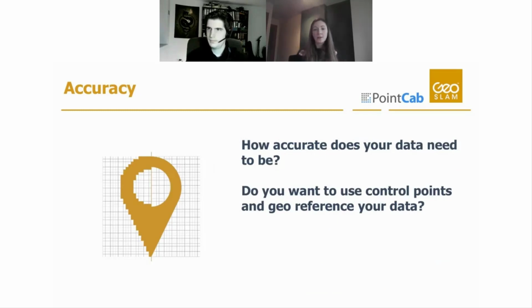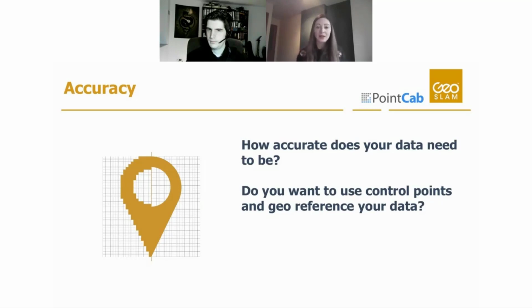Accuracy. With our SLAM-based systems, we are able to achieve a local accuracy within the data of 6 millimeters, and global accuracy between 1 to 3 centimeters. If the data needs to be georeferenced, we also have several ways of doing that.